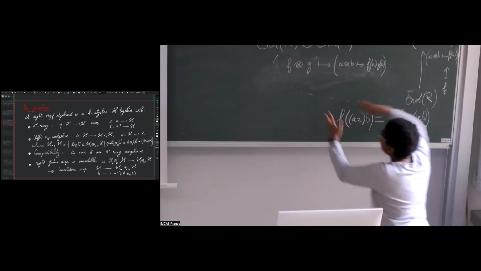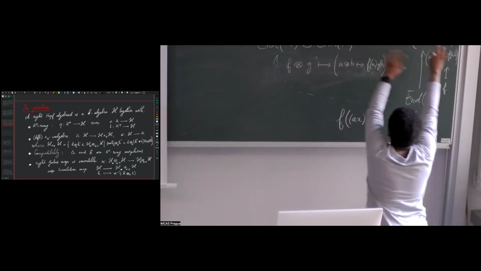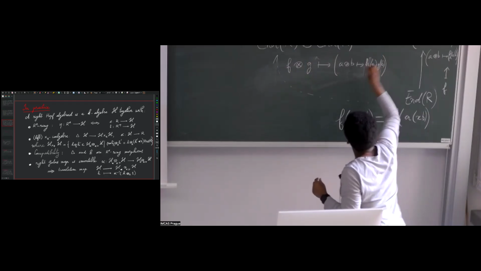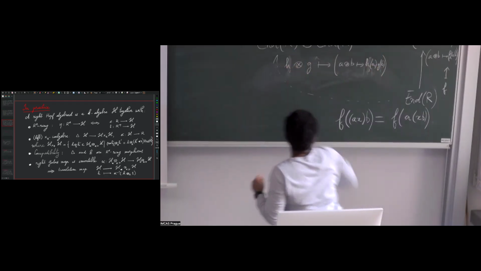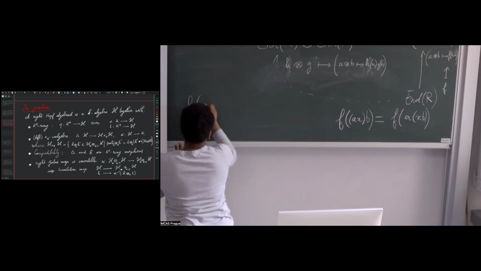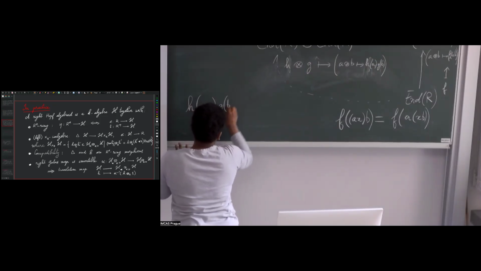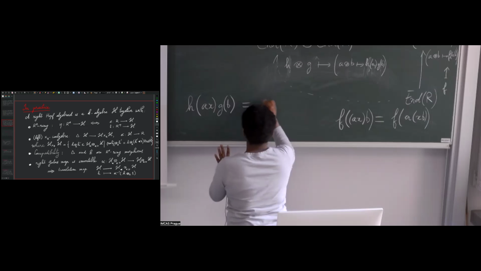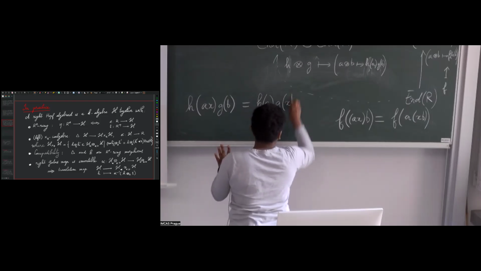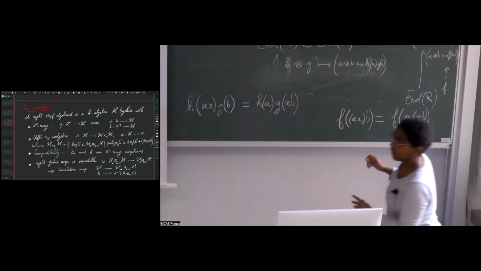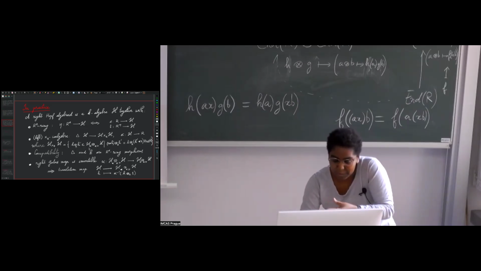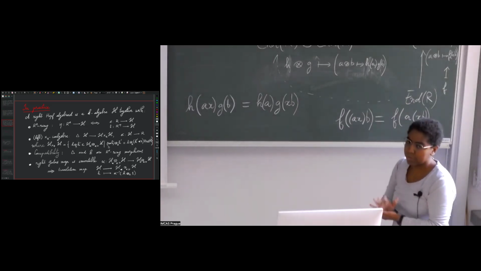Therefore, some elements up here should satisfy this property; call it H. When I write it down, I should require that H of AX tensor G of B should be equal to H of A times G of X B. Okay, so this is the idea behind it, and this is how it looks when we write it formally using the actions.